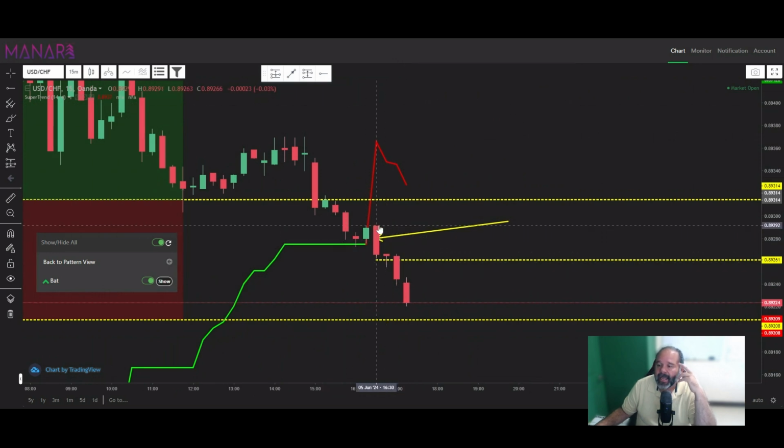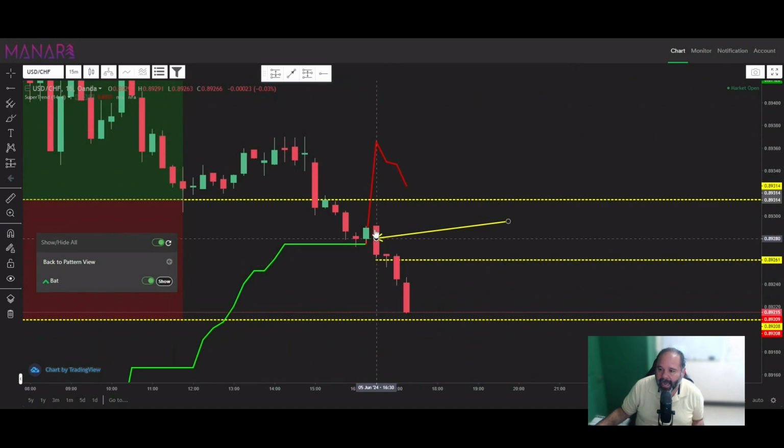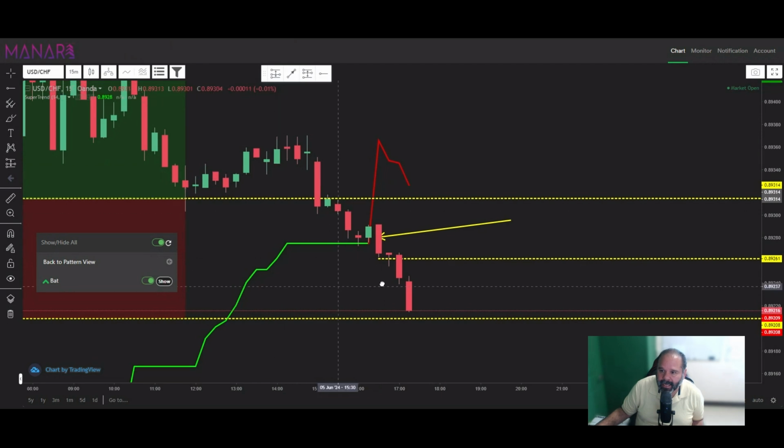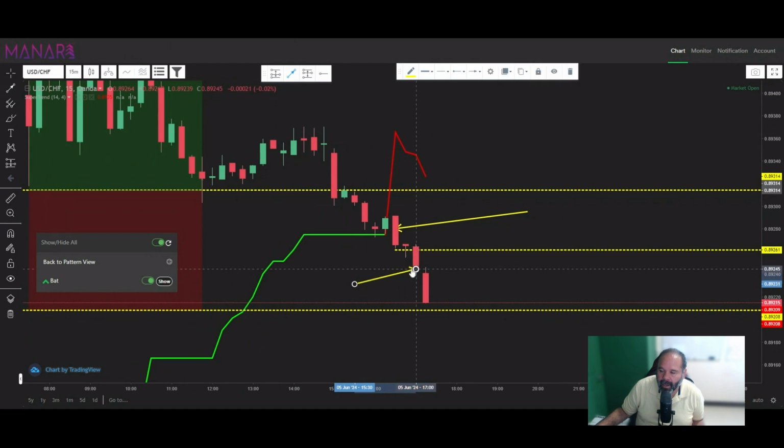This is the candlestick that did the change of color, right? From green to red. So then I look for the lowest point of that candle and I wait for another candle to close below this point. So that will be this candle right here. Let me put another arrow right there.